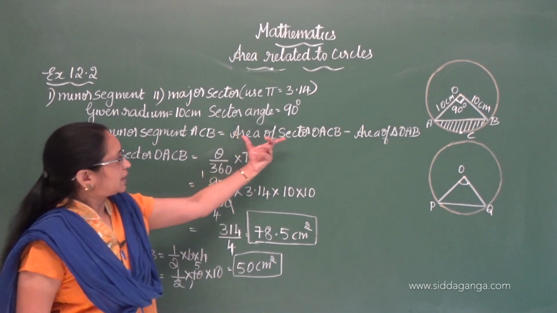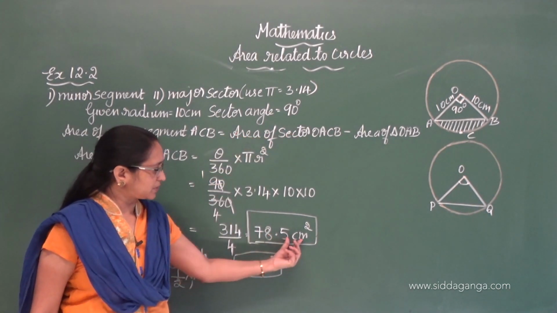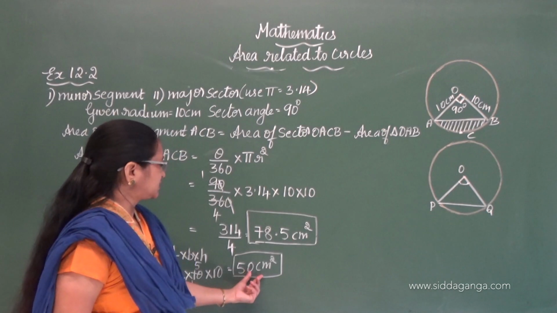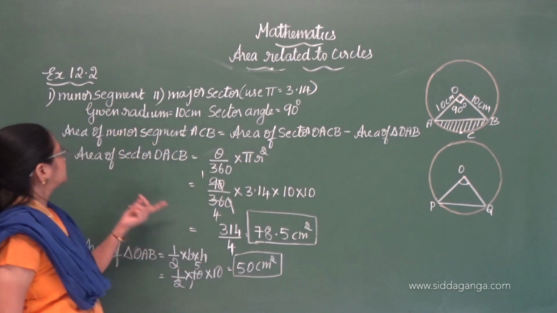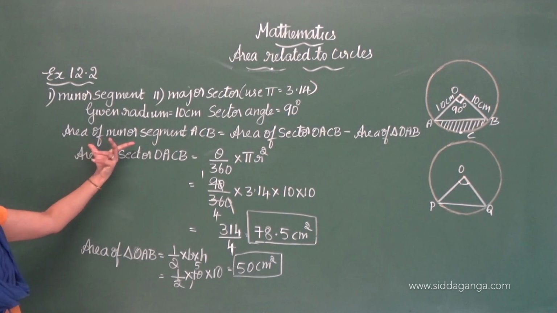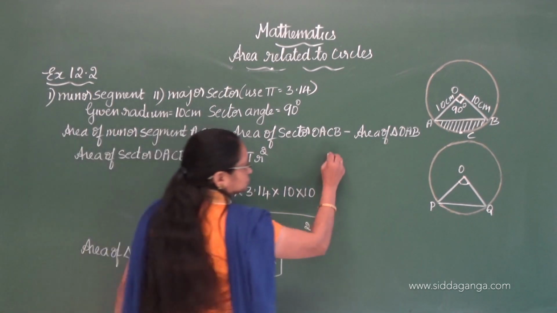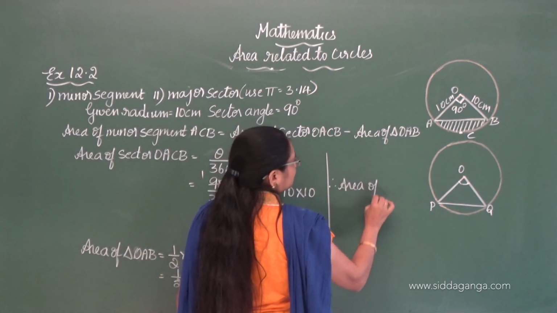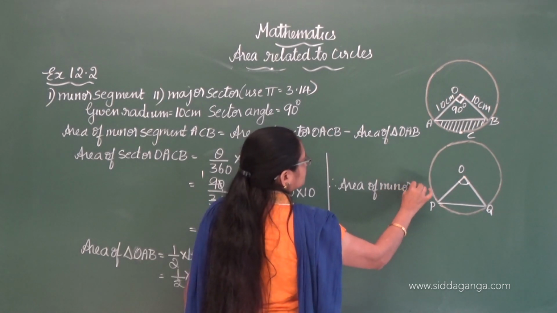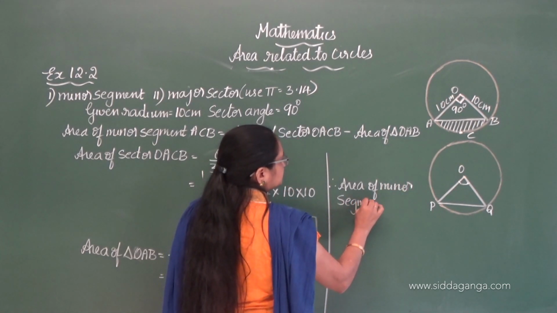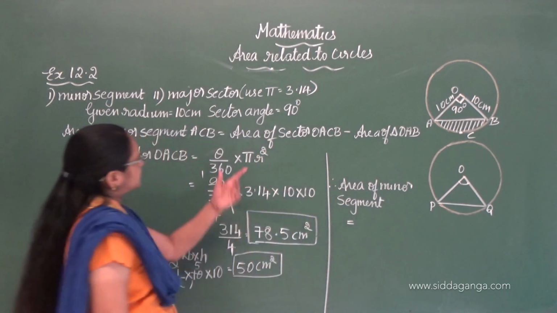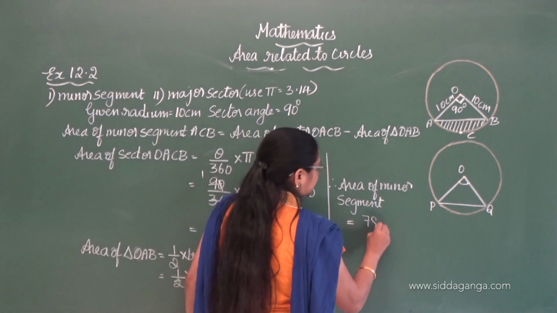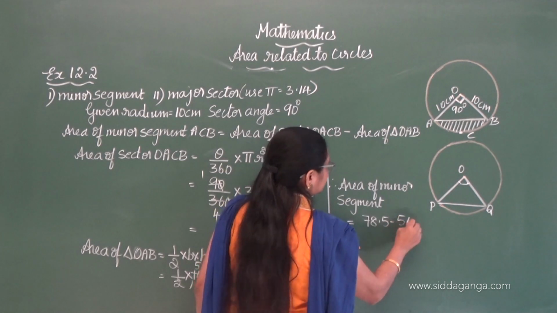Now, I got the area of the sector as 78.5 and the area of the triangle as 50 centimeter square. What do you need to find out? You need to find out the area of the minor segment. So, I will write here, therefore, area of minor segment is equal to, since I have written the formula already, I will just subtract 78.5 minus 50.